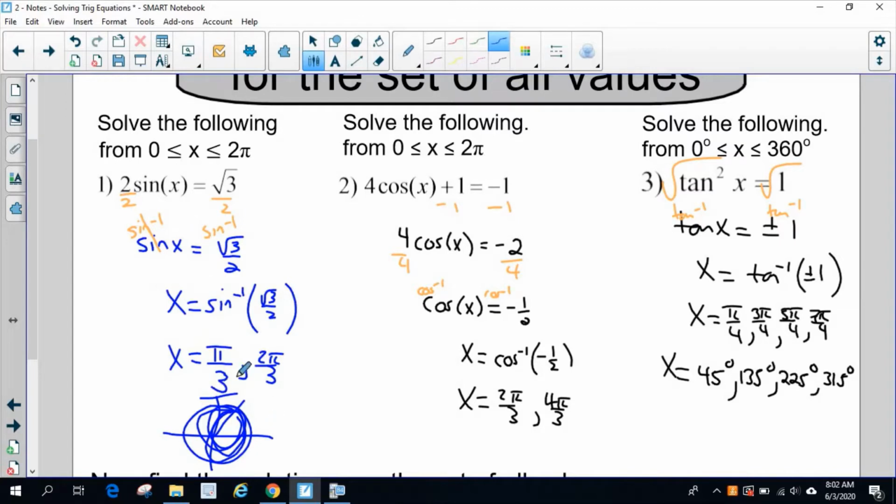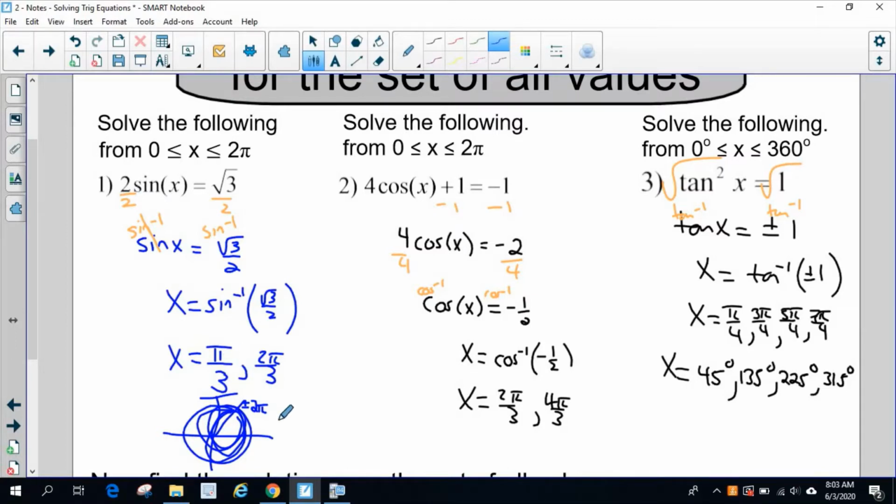So the way we describe that, if we go all the way around the circle, that would be 2 pi. And if we talk about the idea that we're going backwards and forwards, that would be plus or minus 2 pi. So one way to think about this is to take this answer and add plus or minus 2 pi to it. But there's an easier way to think about it. This would just say pi over 3 plus 2 pi or pi over 3 minus 2 pi.